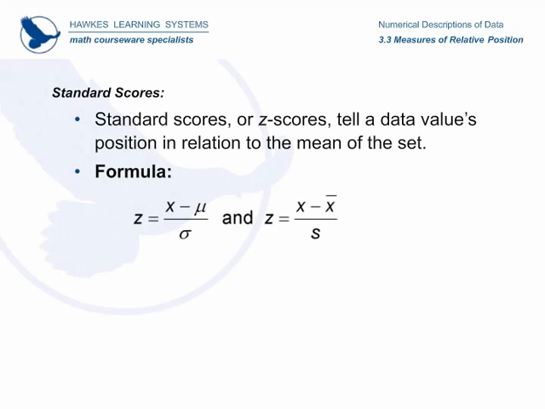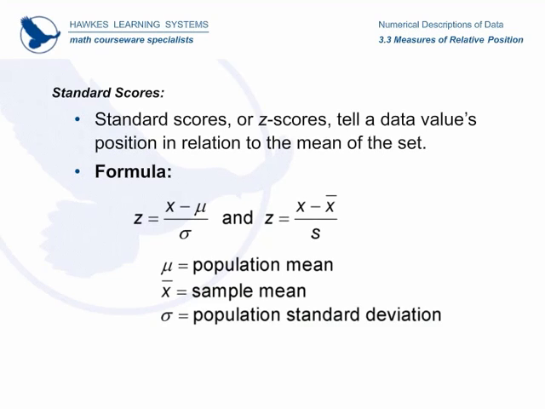So we've got this formula for the standard score, or z-score, for a population and for a sample. Mu equals the population mean, the Greek symbol mu. X bar equals the sample mean. Sigma is the population standard deviation, and S is the sample standard deviation.